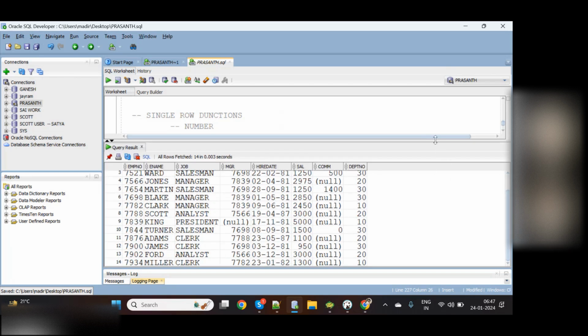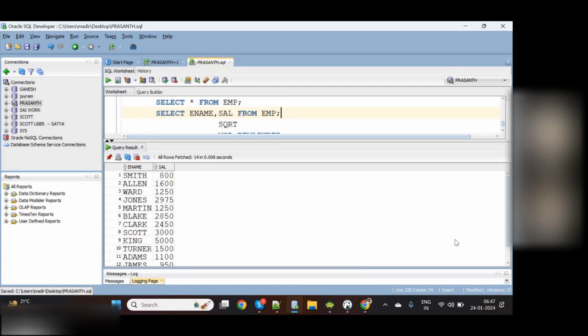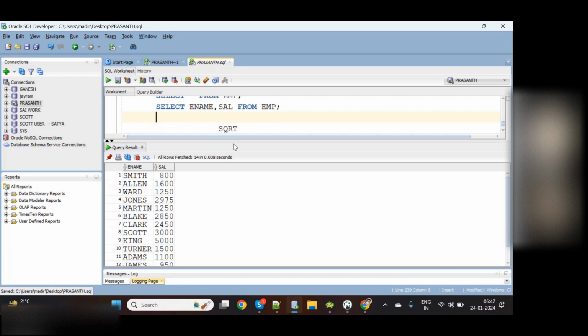For example, I am taking select employee name, salary from EMP. That means you are able to view only 2 columns.